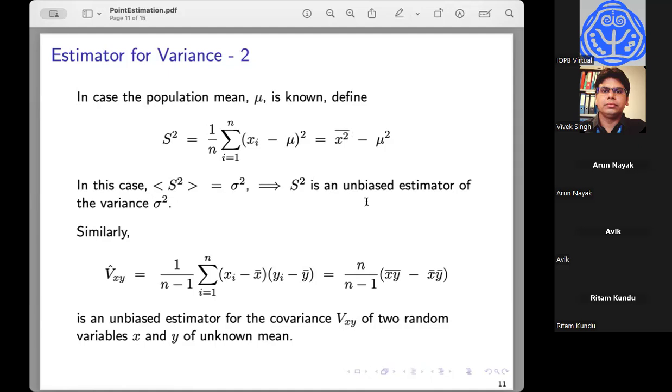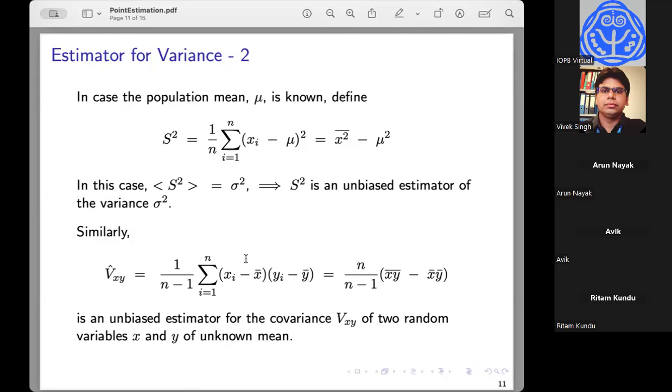In a similar way, you can also write the covariance, Bxy. Again it's 1 over n minus 1 times the sum over (xi minus x average) times (yi minus y average), if you have more than 2 variables.